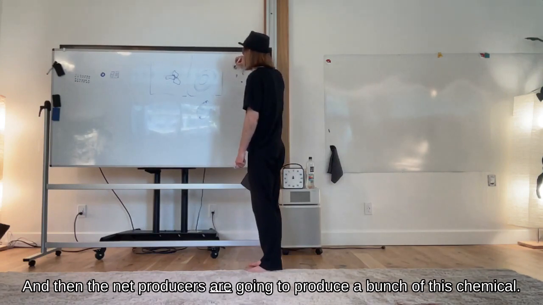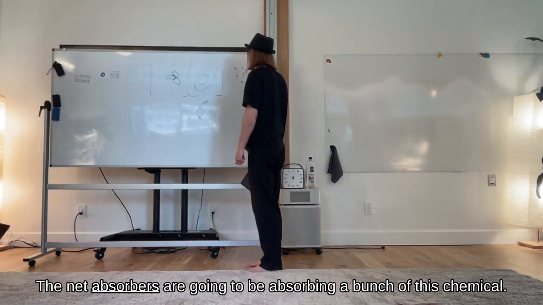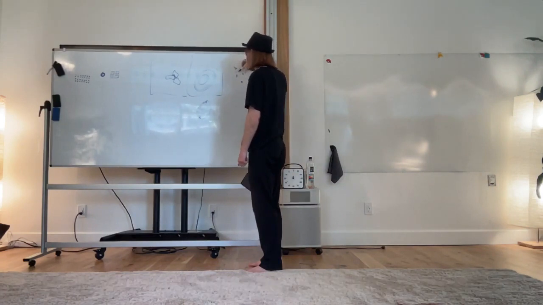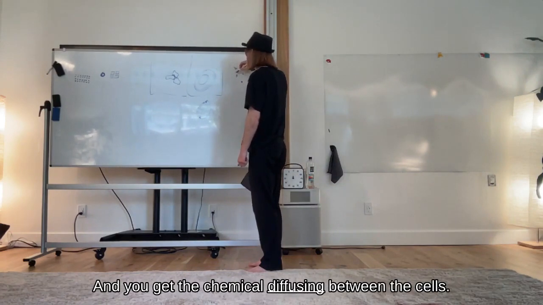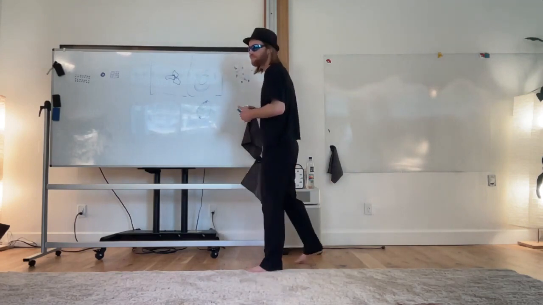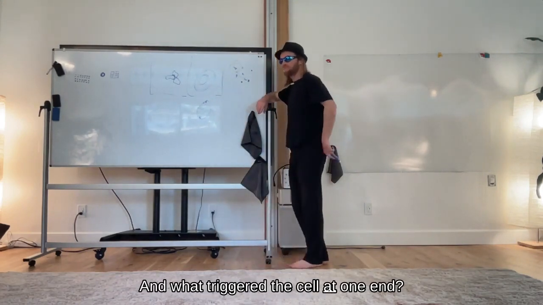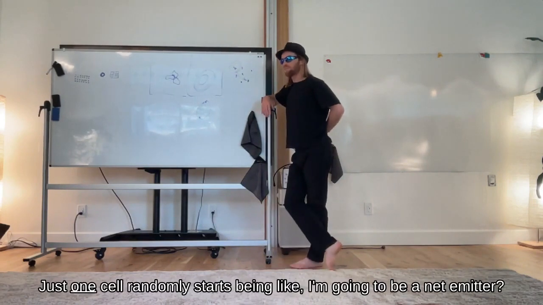And then the net producers are going to produce a bunch of this chemical, the net absorbers are going to be absorbing a bunch of this chemical, and you'll get the chemical diffusing between the cells, so you get this chemical gradient going from high to low. Okay. And what triggered the cell at one end? Just one cell randomly starts being like, I'm gonna be a net emitter?